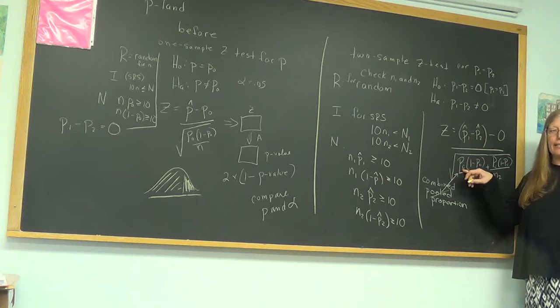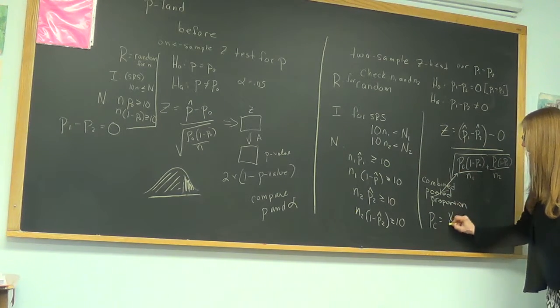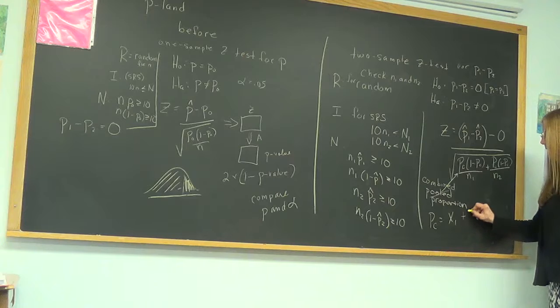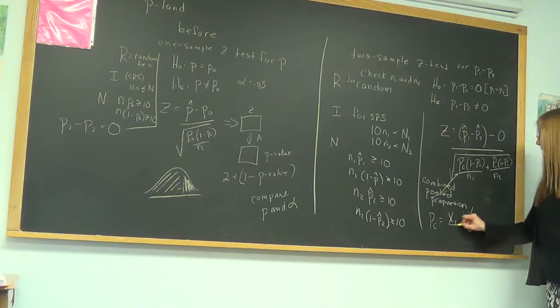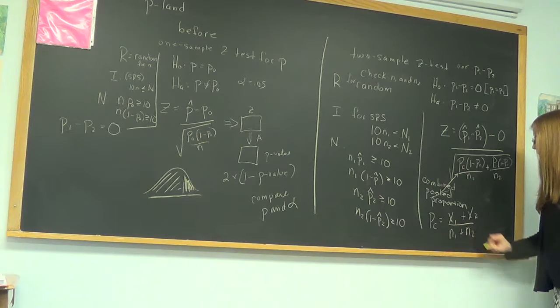Now, what is P sub C? Let me tell you. P sub C equals x1, the number in your first sample, plus x2, the number in your second sample, divided by n1 plus n2.